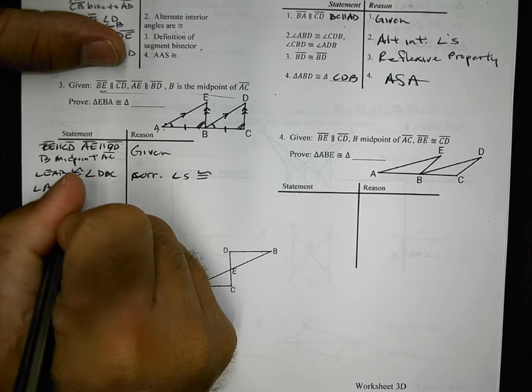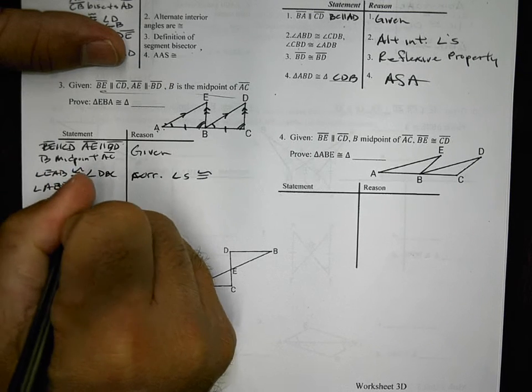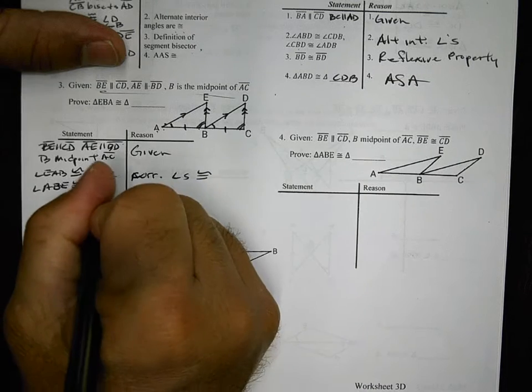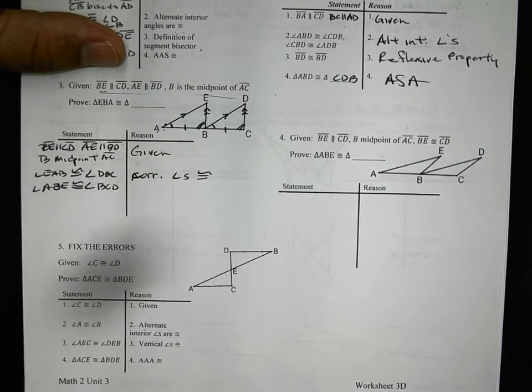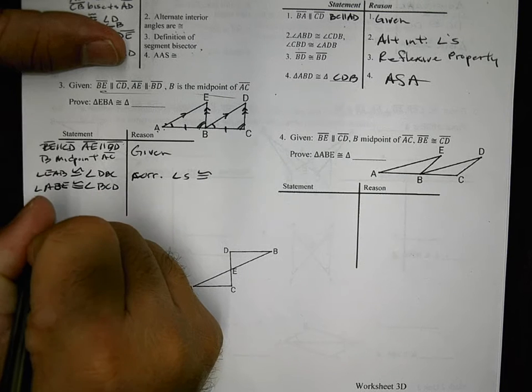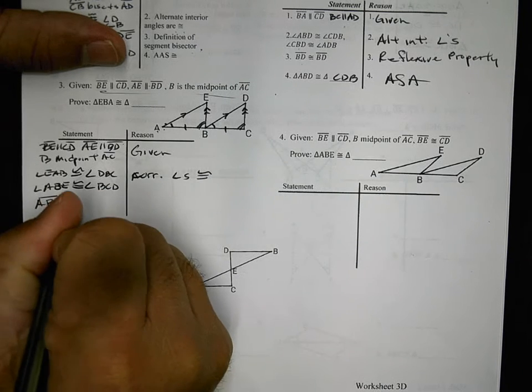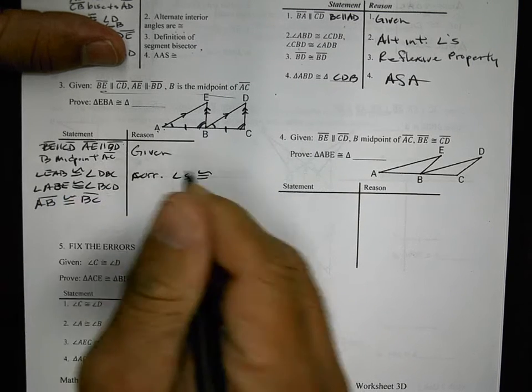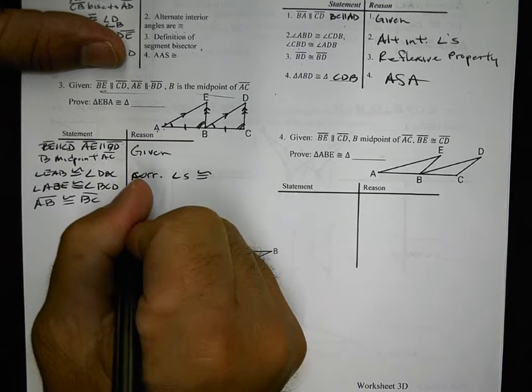ABE is congruent to angle BCD, and it's the same thing, corresponding angles are congruent. And finally, line segment AB is congruent to line segment BC because of definition of midpoint.